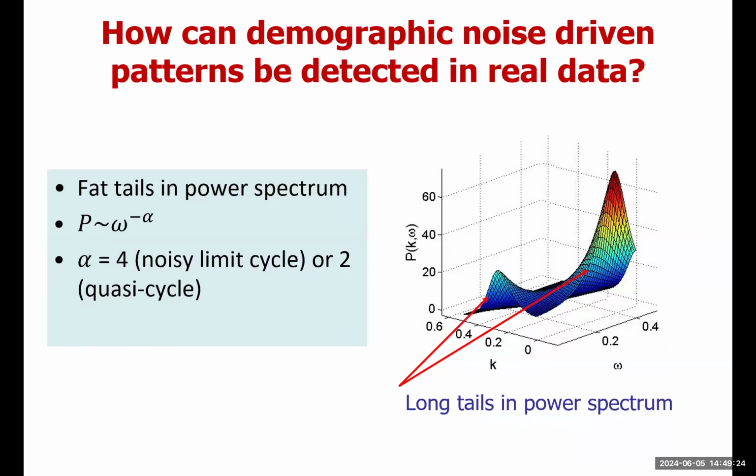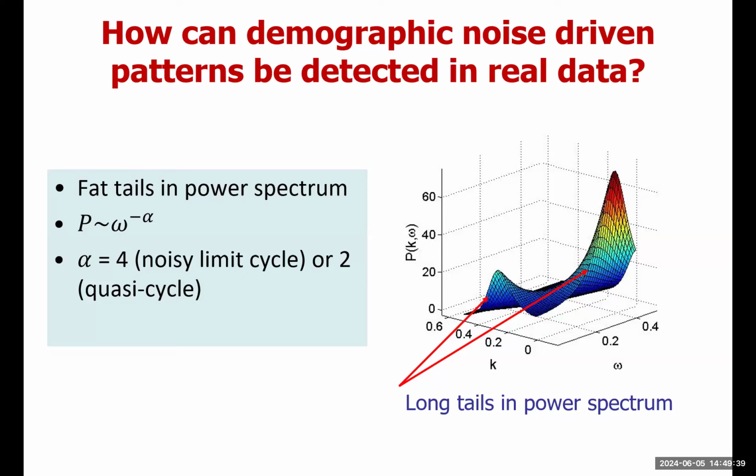And so how can this demographic noise, this thing that Frank mentioned, taking account of the fact that the predators and prey are quantized, how does that work? The name for that is demographic noise. It's stochasticity in the numbers, the demographic stochasticity.